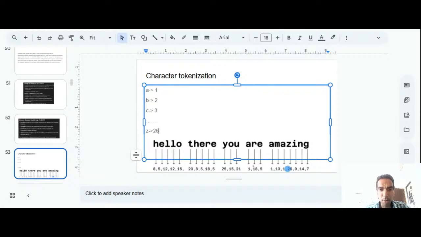So this is the vocabulary. It takes the input string, does a for loop, removes the spaces, and then scans the entire string character by character. We have a map known as vocabulary, a dictionary in Python. Then we translate every letter into the corresponding token ID. That's why H is converted to 8, E is converted to 5, L is converted to 12. So this is called character tokenization.